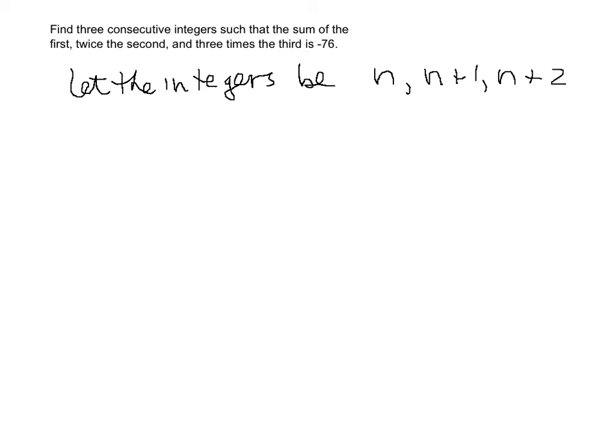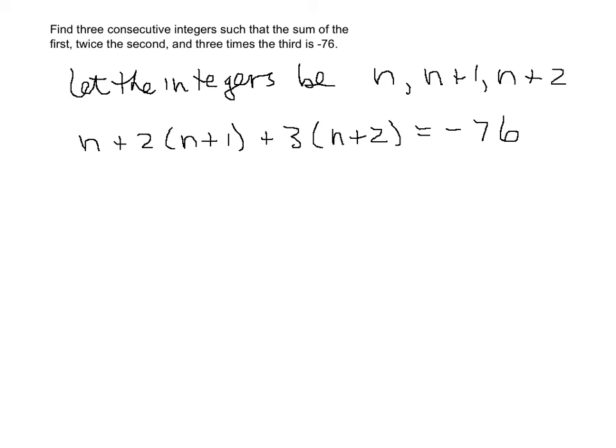And now I have to translate the English into mathematics. So the sum of the first plus twice the second and 3 times the third is equal to minus 76. So I'll do a little bit of the mathematics here.